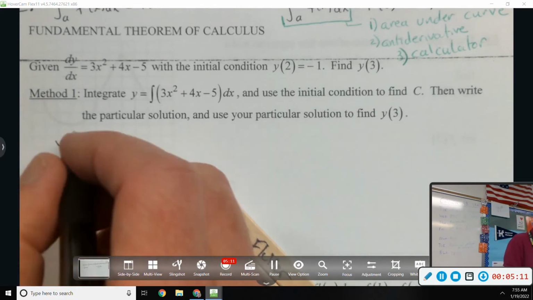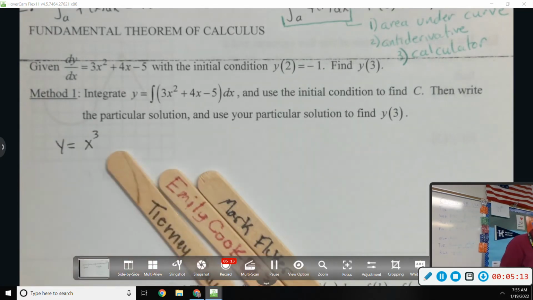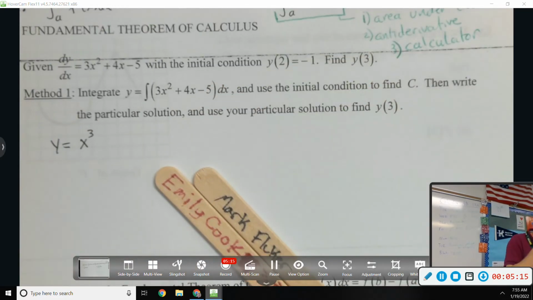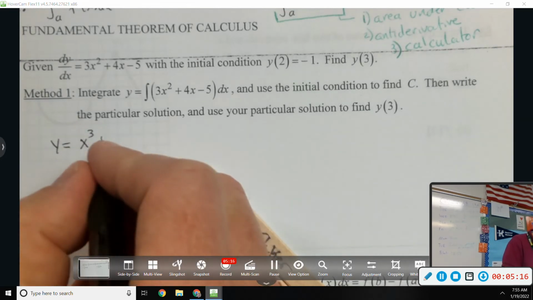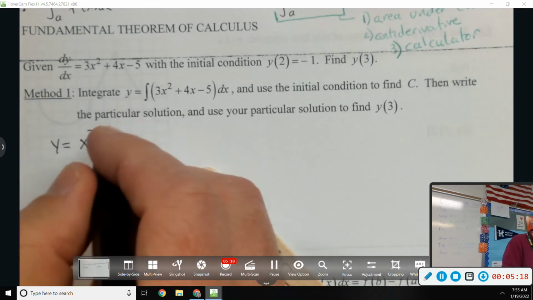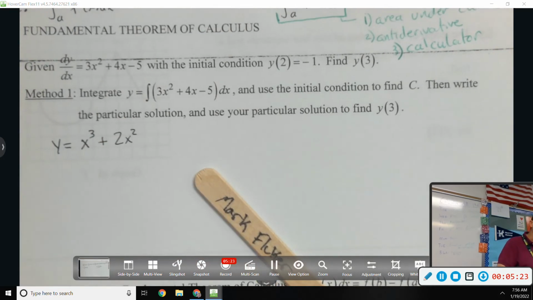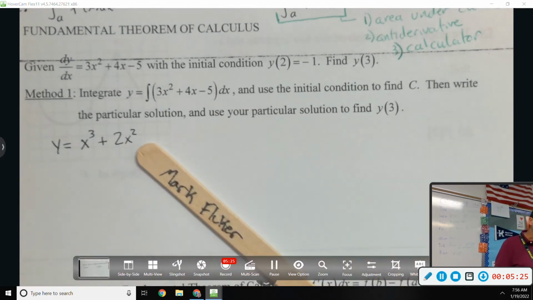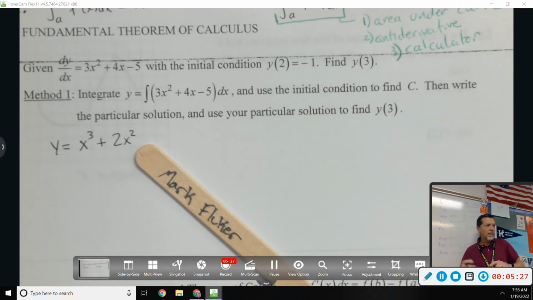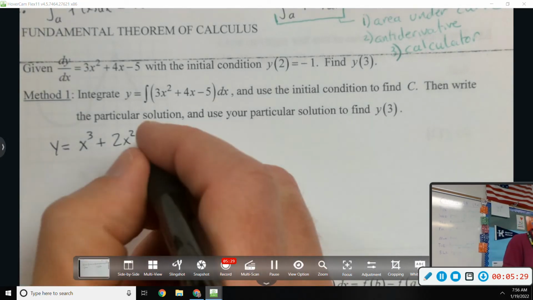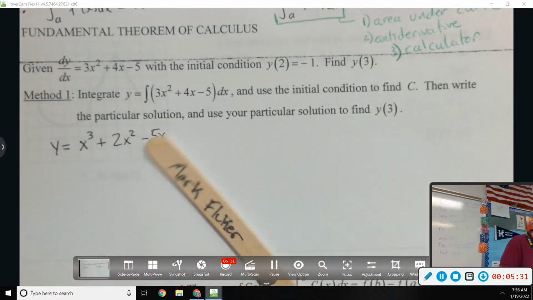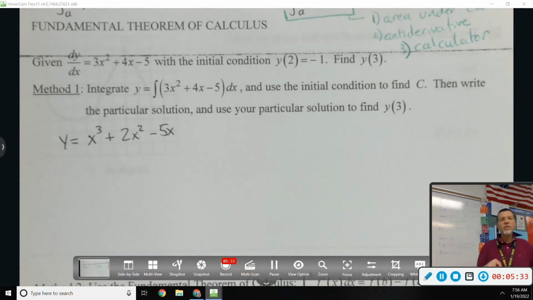Good. Emily, how about the antiderivative of 4x? 4x squared over 2. Good. I'm going to go ahead and simplify that to 2x squared, but what you said was right. And Mark, the antiderivative of negative 5? Negative 5x. Good. And then, I should have pulled one more stick, because what am I missing? Plus c.